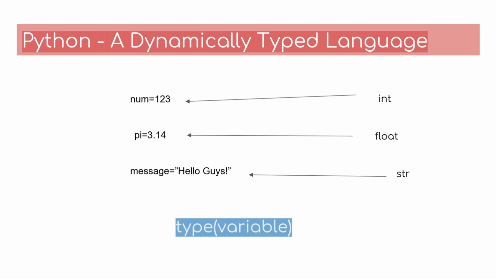So this type of behavior shown by Python is called a dynamically typed language. That is, variable types are decided at the time of run rather than at the time of specifying. You can check the variable type by the type function. We have already seen these things.